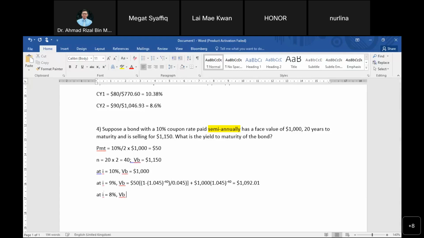So your PMT would be $50. You just copy this one, but you replace this with 0.04. Here, 0.04, 0.04. Don't forget. Equals, okay, now try at 8%.